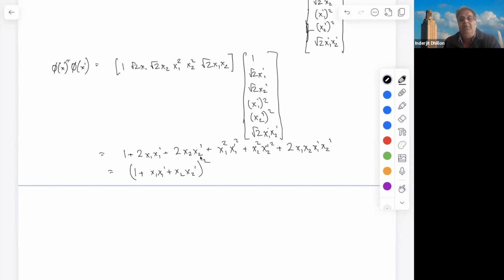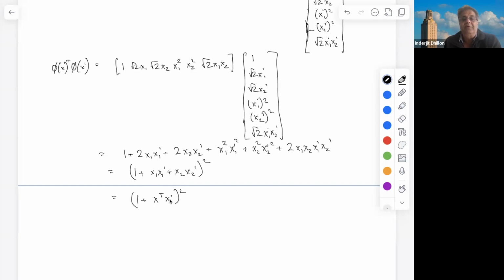This is a very crucial observation. That means I've written it as 1 plus x transpose times x prime, squared. And remember, this computation is in 6 dimensions, but I can actually do it in 2 dimensions.